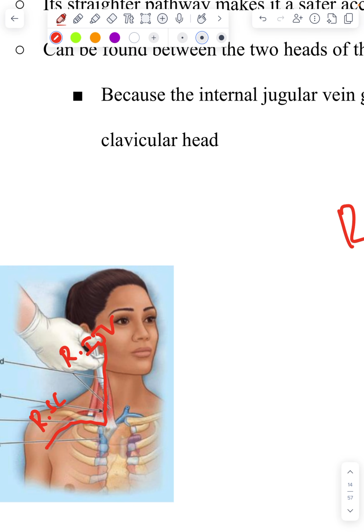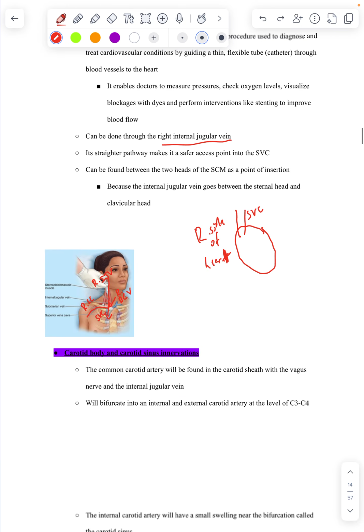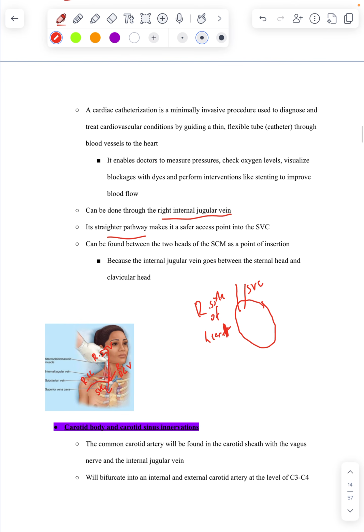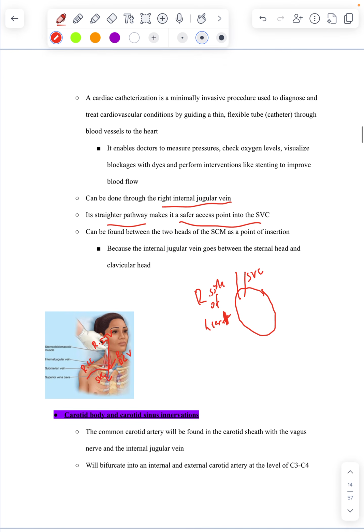When they combine, this right here is your right brachiocephalic vein. Brachio means arm, cephalic means neck, head. So arm, head, subclavian, internal jugular vein. And then that goes into your superior vena cava. So for a direct catheterization, you'd go right internal jugular vein for a straight shot into the superior vena cava. A straighter pathway makes it safer access.